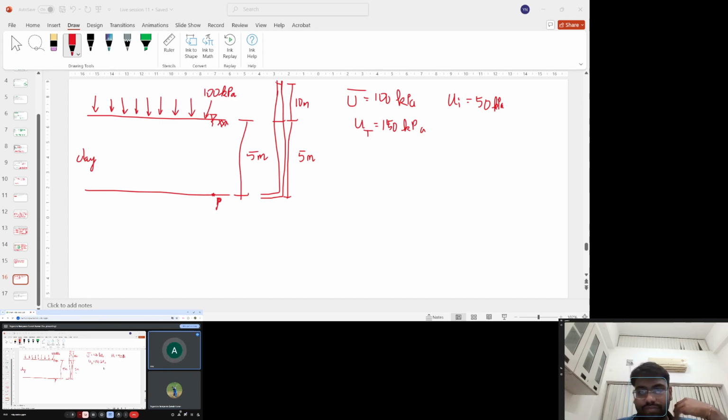Nobody talks about UI and UT in the consolidation chapter. Actually, the confusion happens because of this. This consolidation is entirely divided into two: one is the compression aspect, where we concentrate only on calculation of settlements, and second part is the time rate.